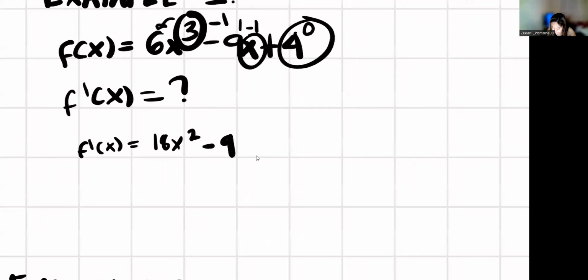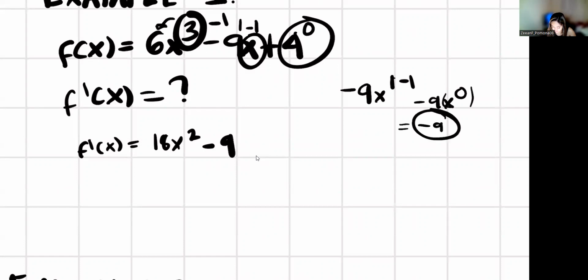Well, keep in mind that negative 9x is negative 9x to the power of 1. When you subtract x to the power of 1 minus 1, you get negative 9x to the power of 0, and then this will become the coefficient. So keep that in mind.